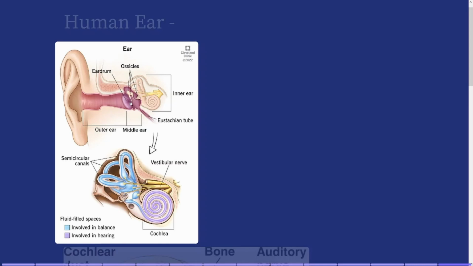Another important part of the human ear, as you may remember, is that the human ear is not only a sensory organ for auditory stimulus, it is also a balancing organ, and that balancing is done by the vestibular apparatus, which is present in the labyrinth. Now this labyrinth is actually the fluid filled inner ear. As you can see, the blue part is involved in balance, and we will go into that later. And this part, basically the cochlea, is involved in hearing. So the structure which is shown in blue basically plays a part in balance.